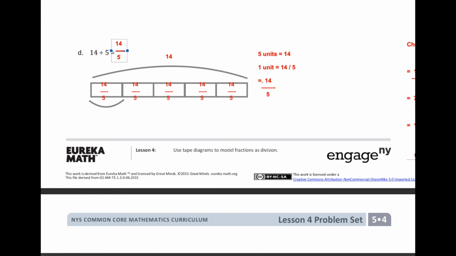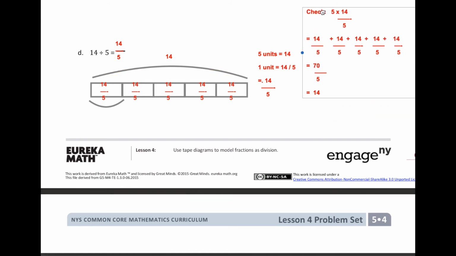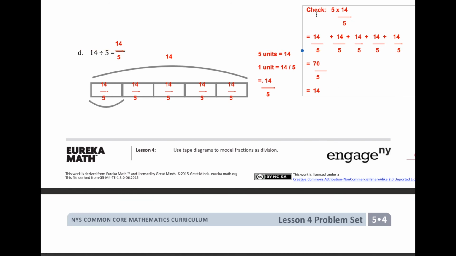All right, now we need to check the problem. All right. And so, where did I get my 5 from? I got my 5 from how many units we have, okay? Times 14 fifths. Where did I get 14 fifths from? Remember, in each unit is 14 fifths, okay? And so in the second step, we extend this problem by using addition.